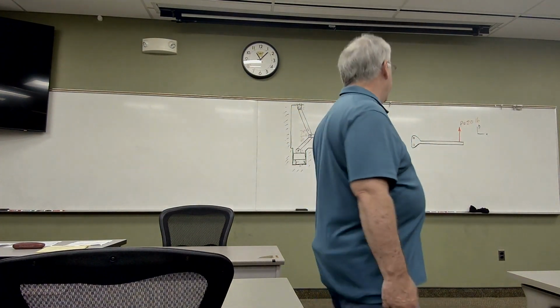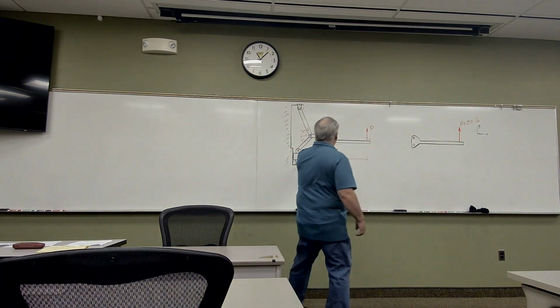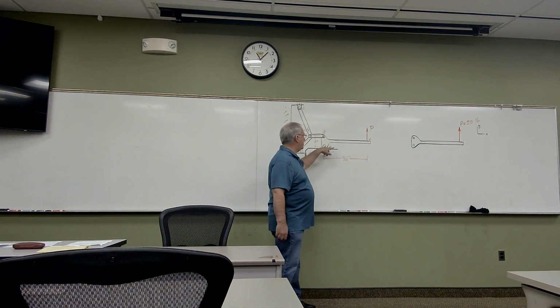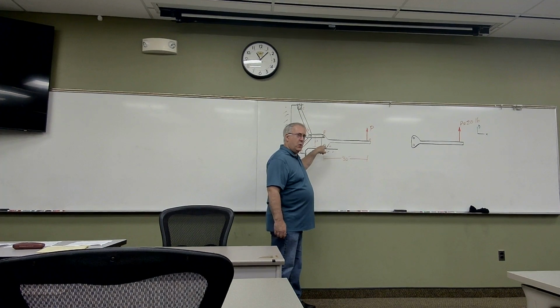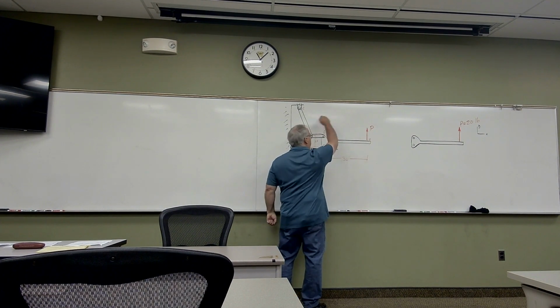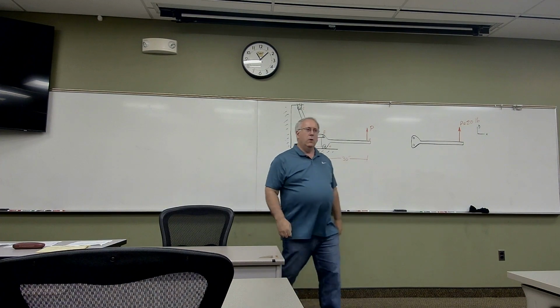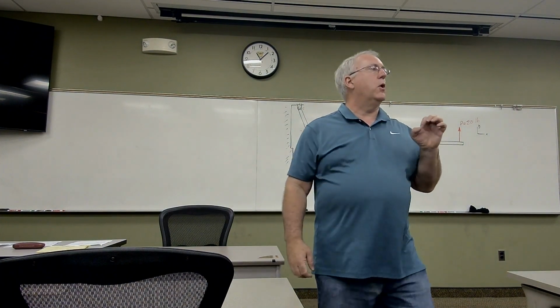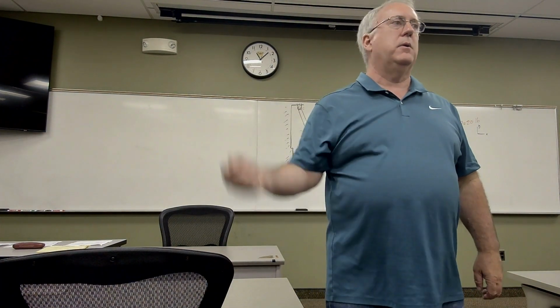Now, here's a good one for you. If I had this handle pinned right there, we've already established if I try to pull it in the X direction, resistance to motion. If I try to pull it in the Y direction, resistance to motion. What if I tried to rotate the handle about this pin? Would I face resistance to motion?